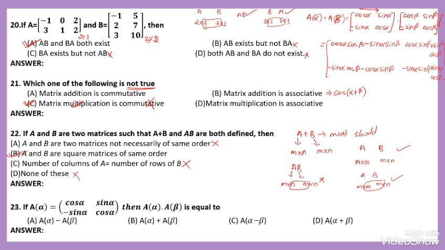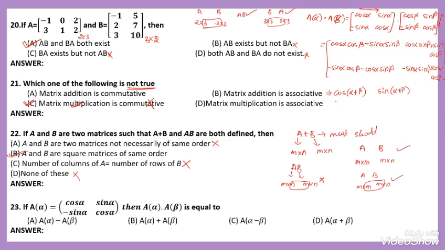In place of x and y, we have alpha and beta. Here, cos alpha sin beta plus sin alpha cos beta is the sine function, sine of alpha plus beta.